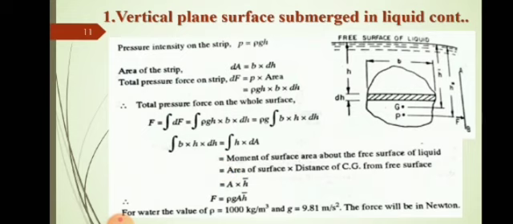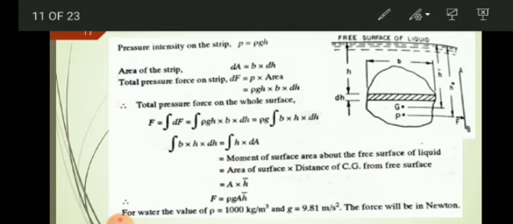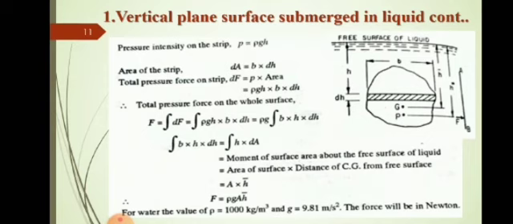That is again equal to area of the surface into distance of CG from the surface. Okay, so moment of the surface area about the free liquid surface is equal to area of the surface into distance of CG from the surface. Area of the surface, as we know, it is capital A, and distance of CG from the surface is h bar.